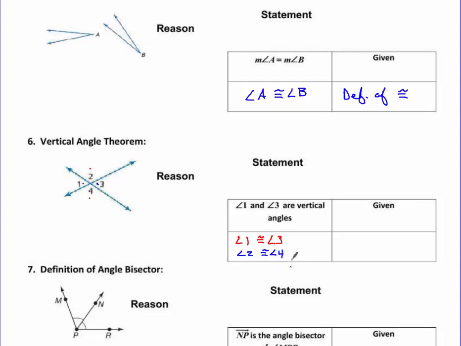You may not need it for your proof, but you should still know it. And the reason you know those are congruent is something we learned called the vertical angles theorem. Okay, angle with a little s in it. That's an abbreviation for angles.